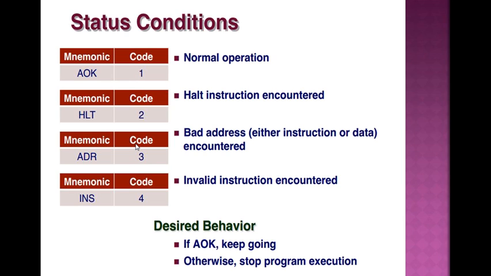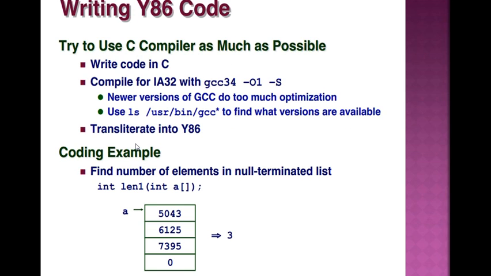Then we also talked about the status conditions, what status conditions are used in the Y86 architecture. There are multiple mnemonics and codes used for status conditions like HLT, ADR, INS, AOK. Then we also talked about how to write the Y86 code.